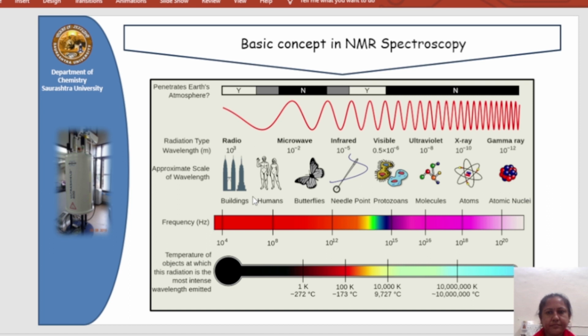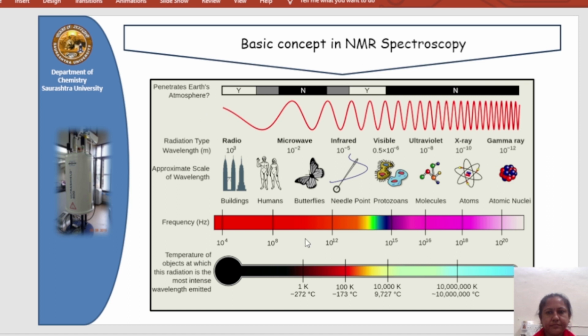From that we can say which type of phenomena occurs and what the spectroscopy is. In NMR we study this radio frequency region. It is less harmful compared to the others, while cosmic rays or gamma rays are very hazardous for the human body or any animals on earth.